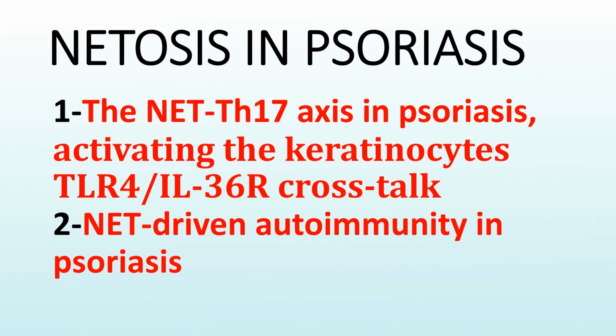From the other side, we will talk about net-responsible autoimmunity in psoriasis. So we will talk about both sides, the inflammatory and the autoimmune relation between netosis and psoriasis pathogenesis.